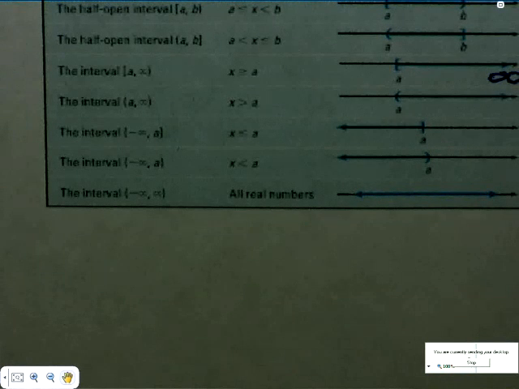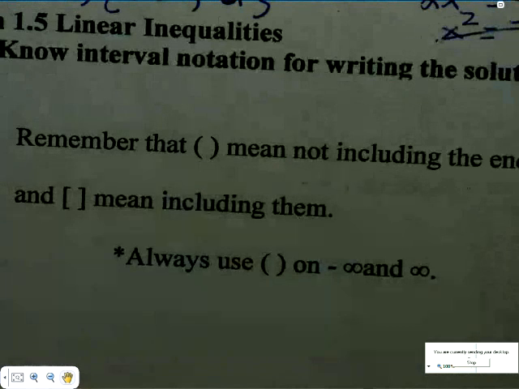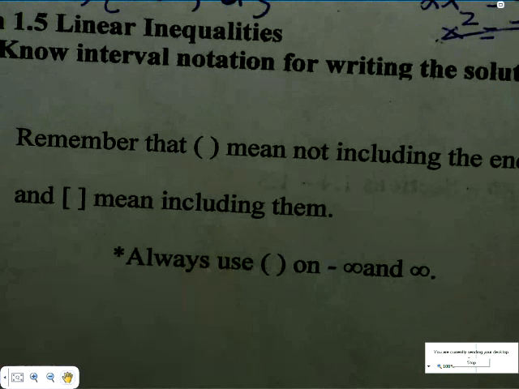Even high school books and certainly all college algebra books now, instead of using open dot and closed dot, use parentheses and brackets. And I made you a note right here. Remember that parentheses mean not including the endpoint. They're just like open dots. And brackets mean including the endpoints. They're just like closed dots.